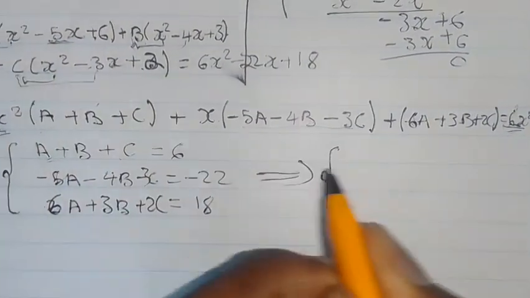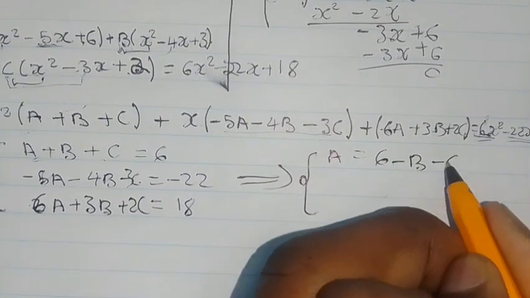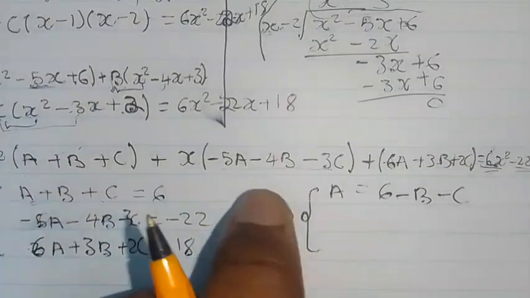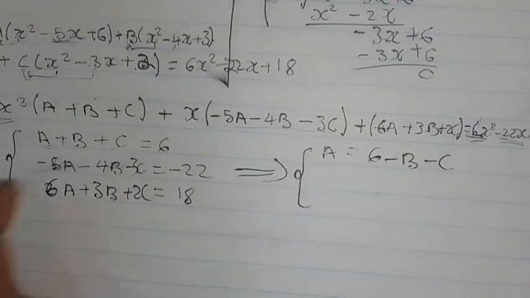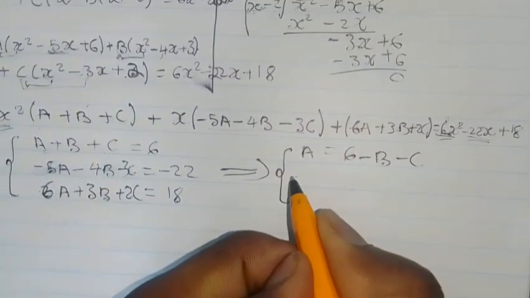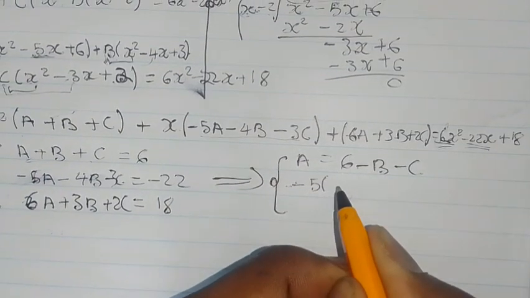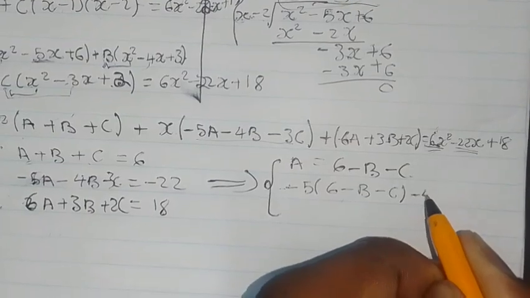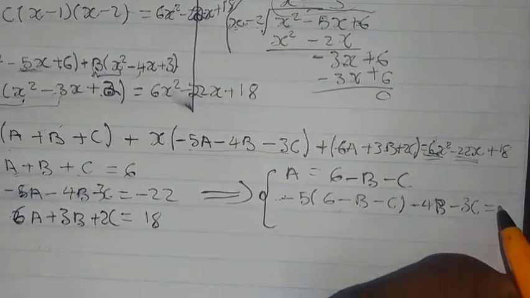And then what you do from there, you can basically work out on eliminations. You can solve for a here. That means that a will be equal to 6 minus b minus c. Then you plug a in the second equation and the third equation there. When you plug that, you have minus 5 into a, it's 6 minus b minus c, and then you have minus 4b minus 3c being equal to minus 22.